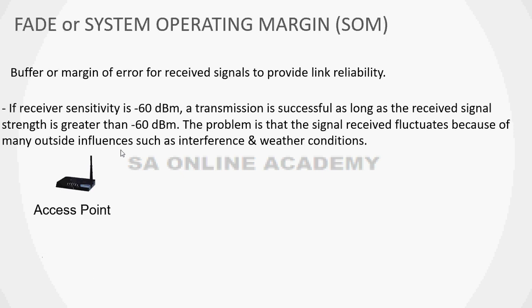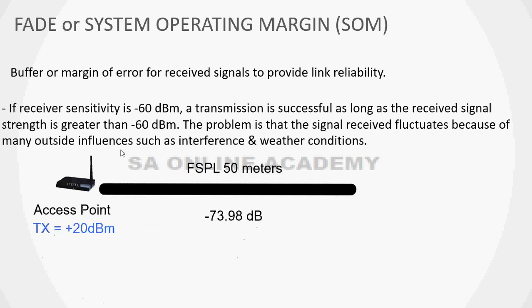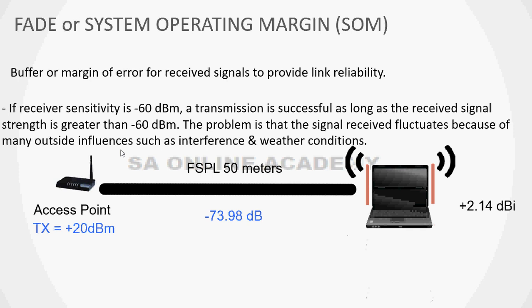Let's see. The access point is transmitting at plus 20 dBm power. Because of free space path loss, there is a loss of minus 73.98 dB. There is an antenna built into your laptop, and because of this integrated antenna, there is a gain of 2.14 dBi.